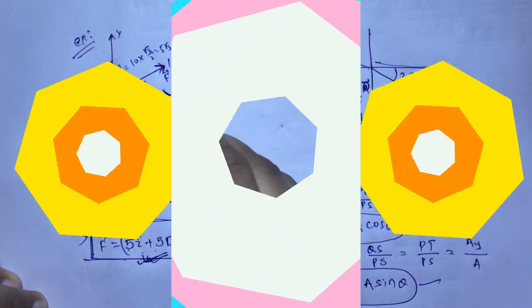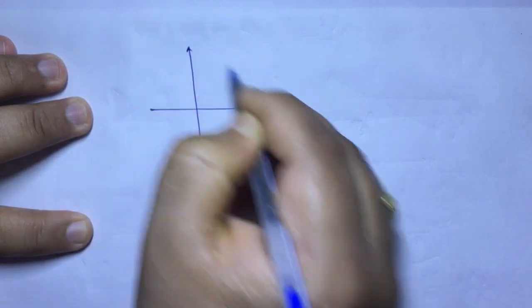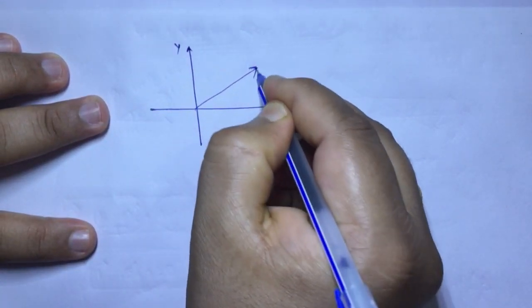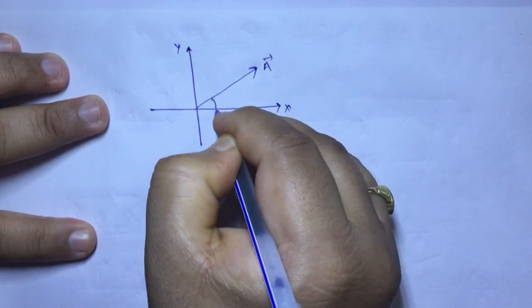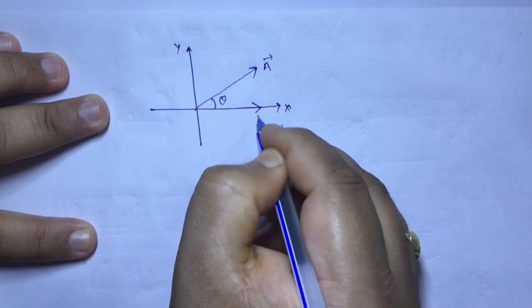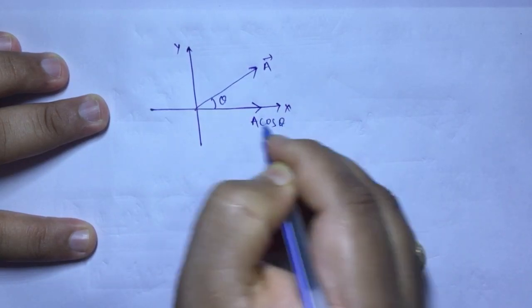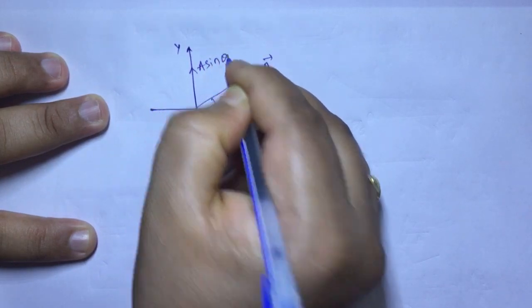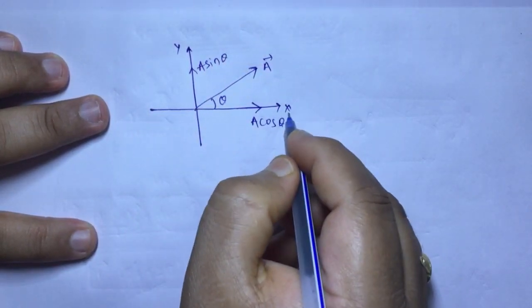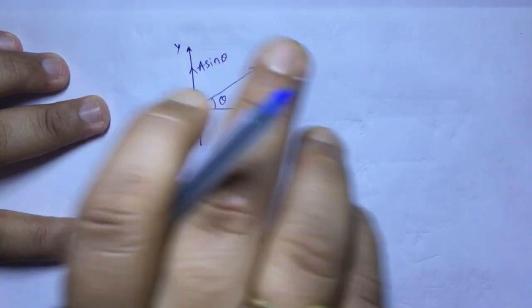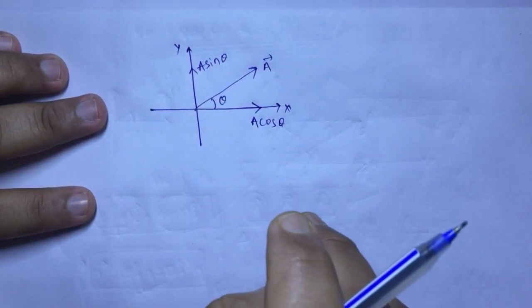Okay, let us check. You have to remember that if this is x, this is y, and a vector is towards this direction, and this angle is theta, then you can divide it into two components: along this direction A cos theta, along this direction A sin theta, and according to the axis it goes along, you write i cap and j cap, or whatever direction it may be.